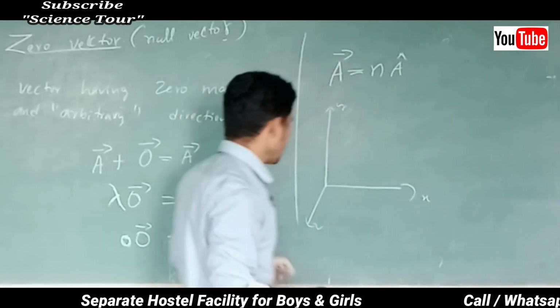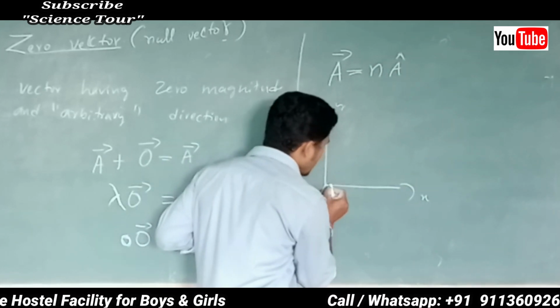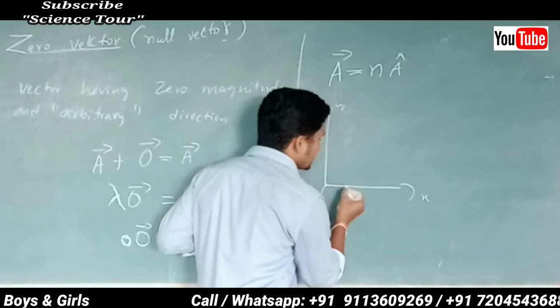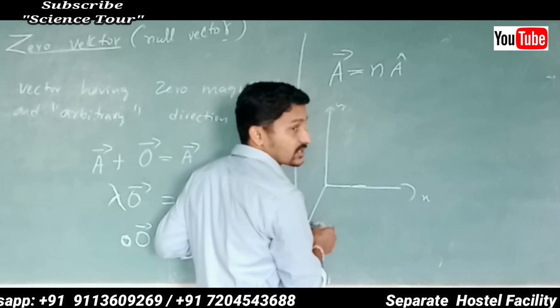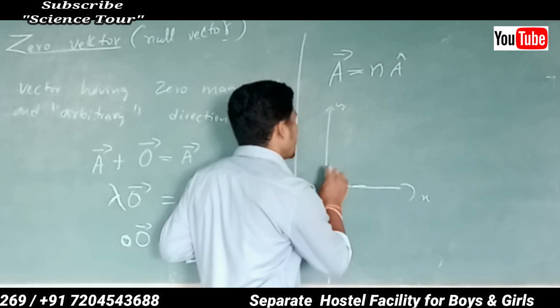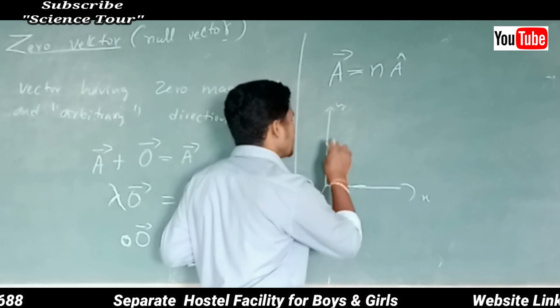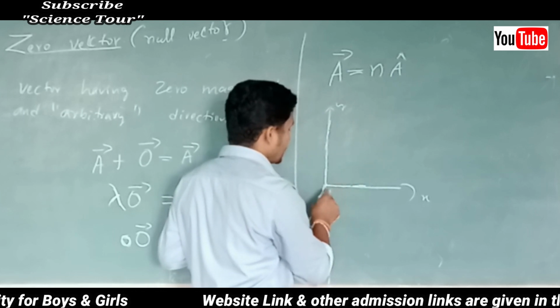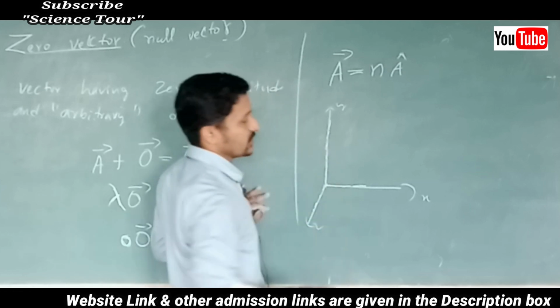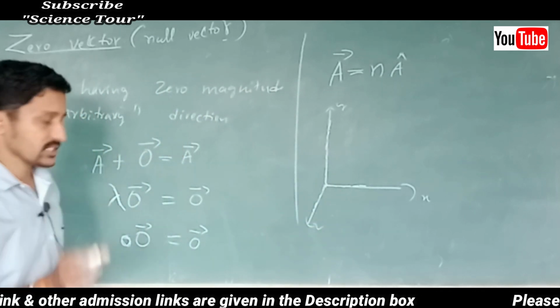Unit vector means how much? This is one unit: 1 centimeter, 1 centimeter, 1 centimeter, like that. This is the unit in the x-axis, the unit in the y-axis, the unit in the z-axis, unit distance.